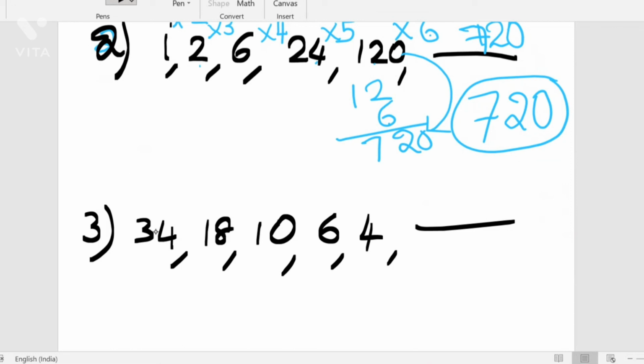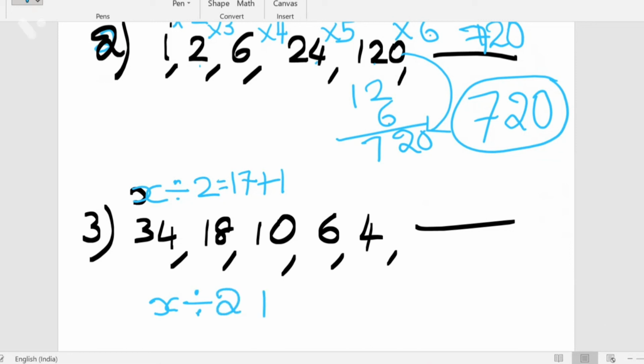I'll take the main numbers as x, so x divided by 2. 34 divided by 2 is 17, and the answer is 17 plus 1, which is 18. So the pattern we have to follow is: given number divided by 2, plus 1.